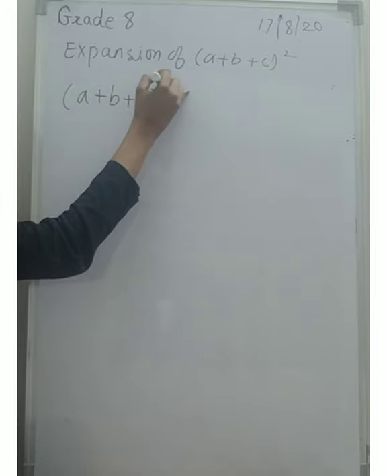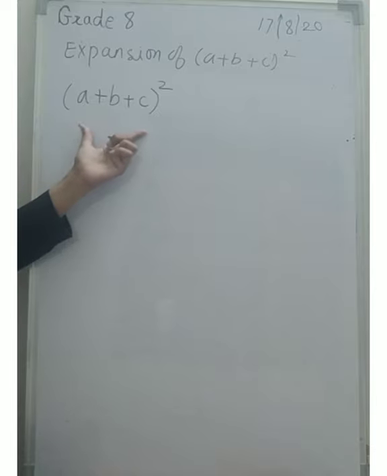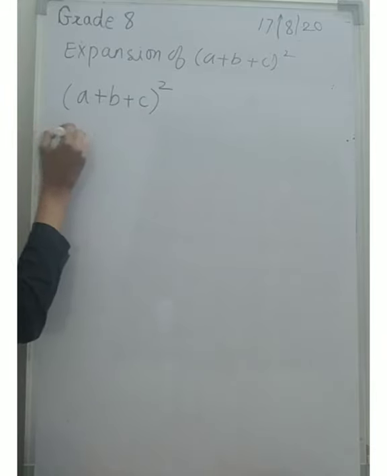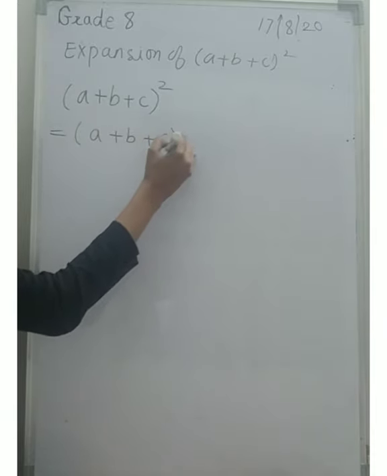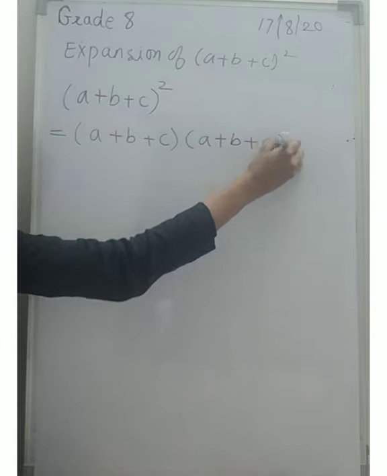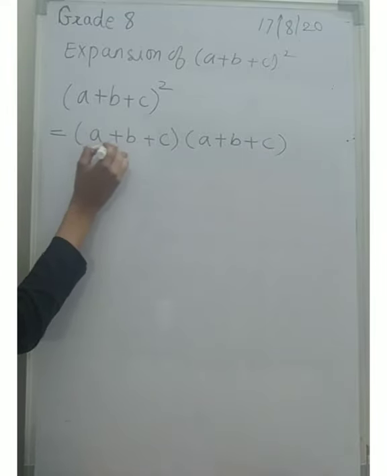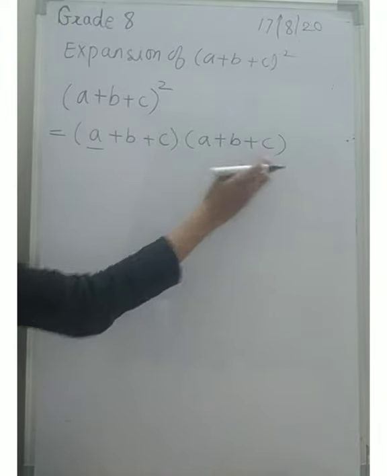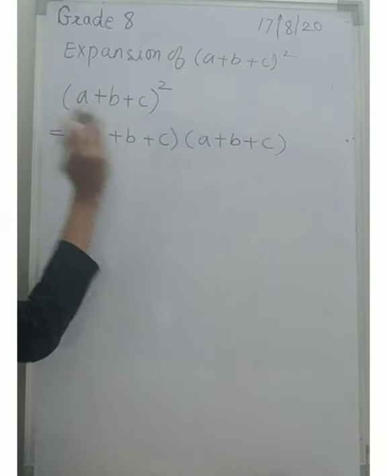First, (a + b + c) squared. Square means we can write this bracket 2 times. As we always do, we multiply the whole bracket by a, then by b, and then by c.